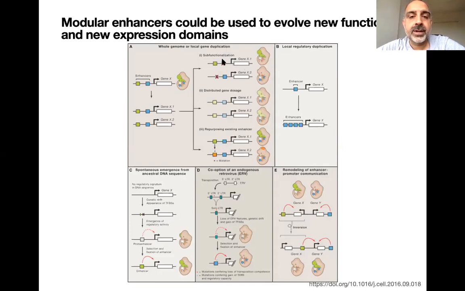Here, if you now duplicate the whole genome with the face and the limb enhancer, you're getting this enhancer being repurposed, so that now gene X.2 is expressed in the midbrain as well as the limb. This is probably what's going on.